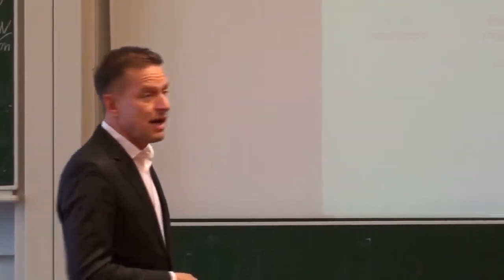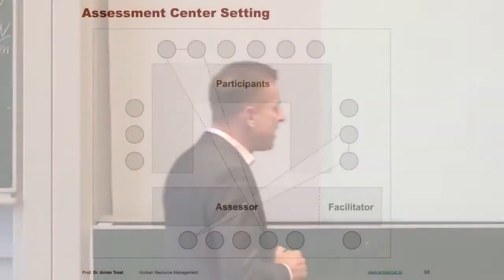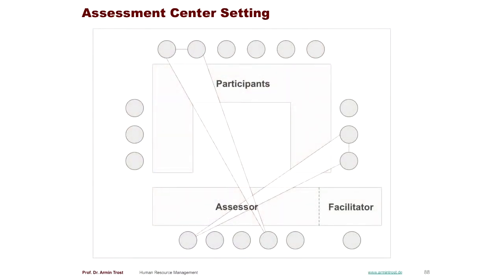Now, let's have a closer look how this works. On this picture you find a very typical assessment center setting. Okay, so in this setting you find the different participants or the candidates, and let's simply assume that these candidates, these participants, they do a group exercise.